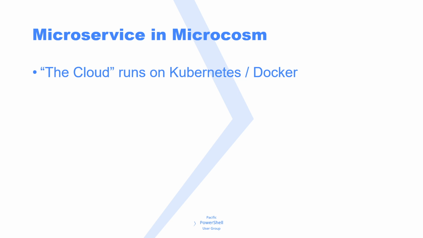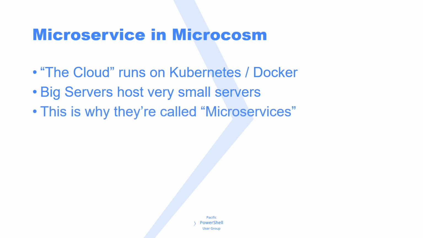It has that nice isolation benefit. This makes things safer, it's efficient, that makes things cheaper, everybody's happy, yada, yada, yada. If you're thinking about it old school, you can think of it as big servers that are hosting very small servers. And just because maybe it's catchy, maybe it describes it accurately enough, this is why they're called microservices, right?